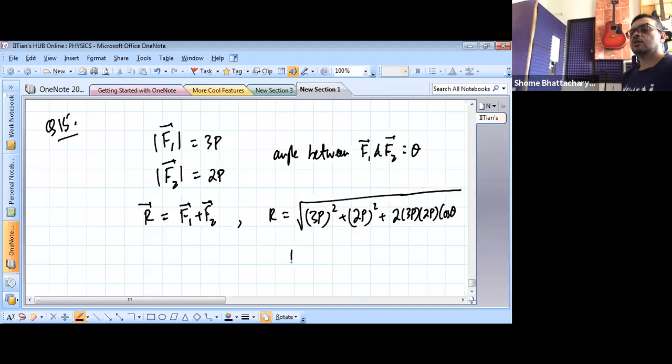So R will become p into square root of 9 plus 4 plus 12 cos theta. That is, let's say, equation 1.